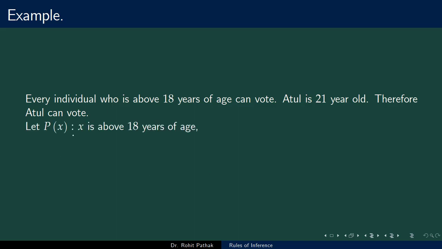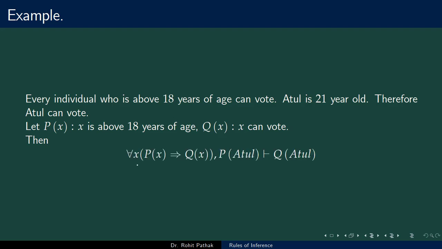So let P(x): x is above 18 years of age, Q(x): x can vote, where the domain is the set of all people. Then for all x, if P(x) implies Q(x), that means if the person is above 18 years of age, then he can vote.